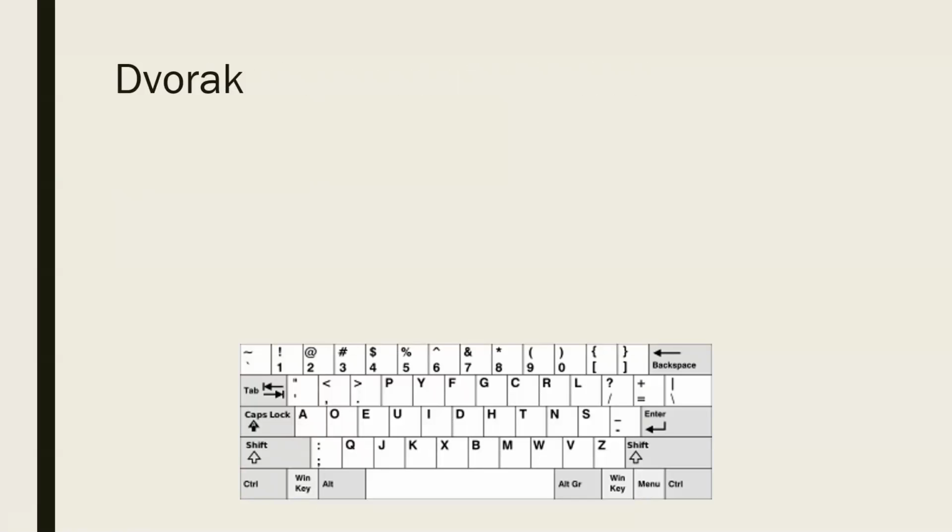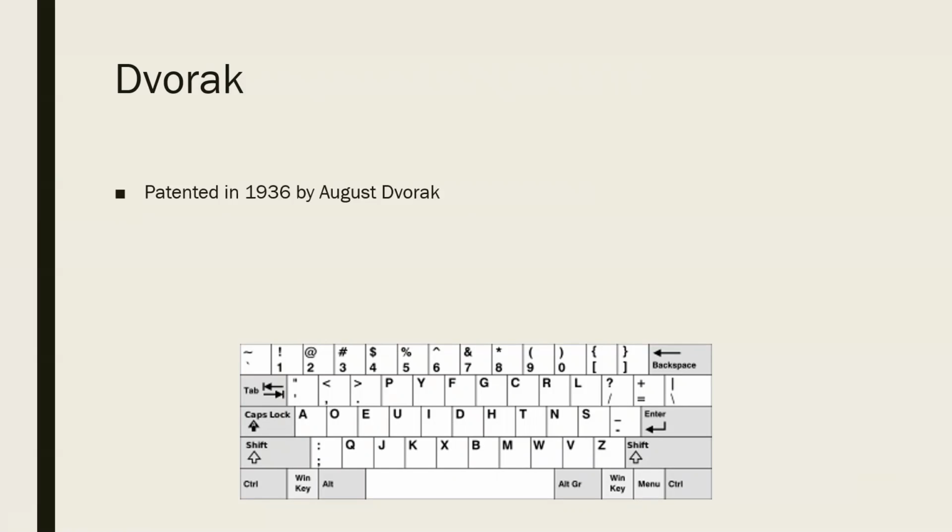As I talked about, the QWERTY keyboard was developed in a way that ensured there wouldn't be type jams, but not with the main goal of encouraging fast typing or ergonomic design. Because of that, some alternative keyboard layouts have been developed, the most famous of which is probably the Dvorak keyboard.